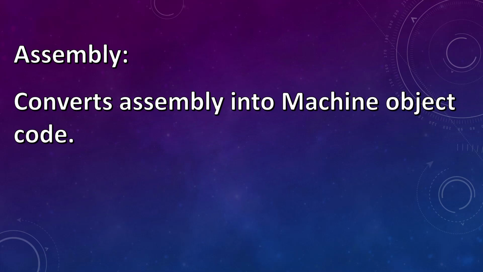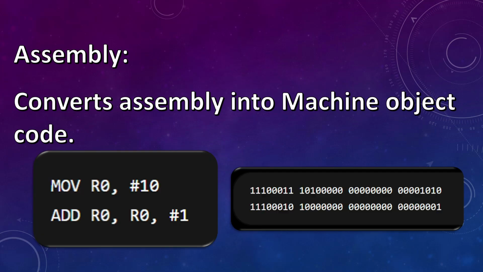So our next step is assembly language. This is much closer to processor instructions. For example, we have our assembly code, right? This is move r0, #10.